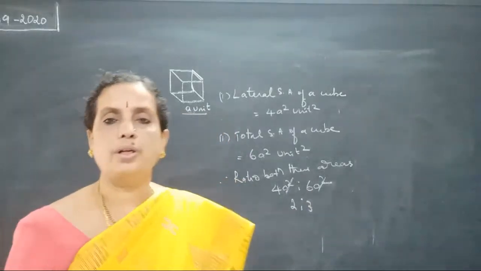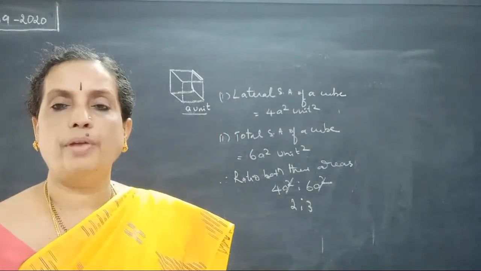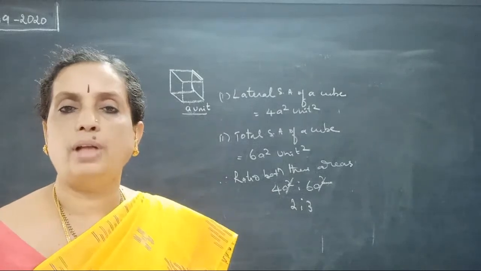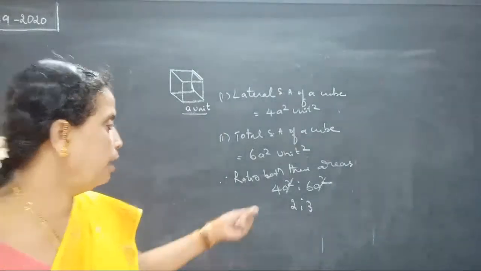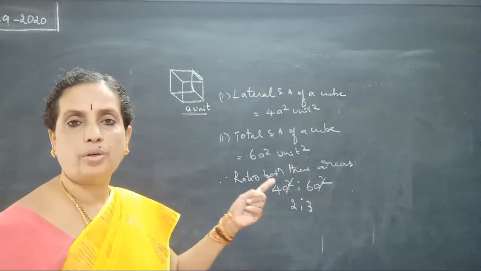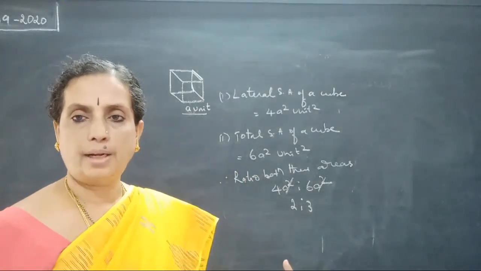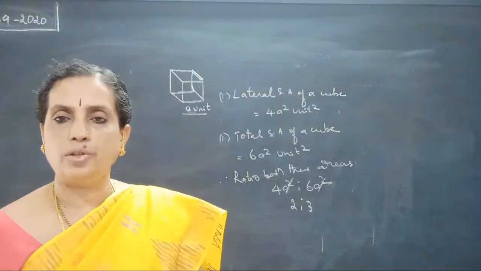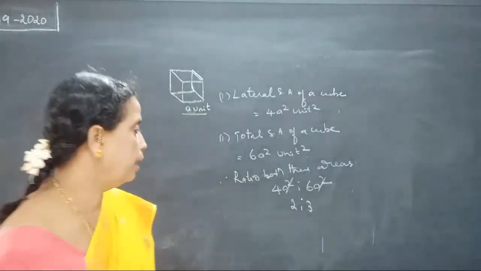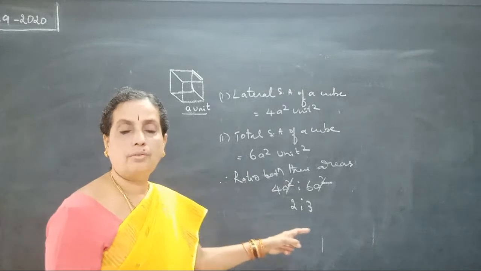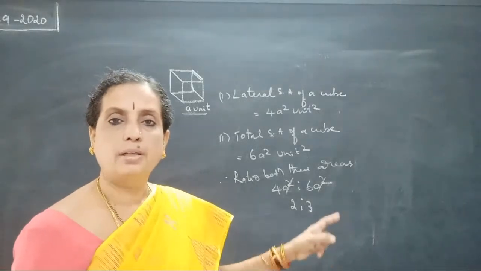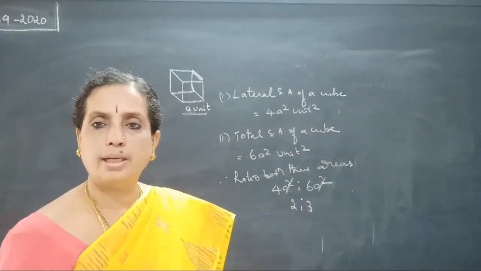Suppose in the question, if they ask the ratio between total surface area to lateral surface area, then it is 3 is to 2. So you have to see the order in which they are asking. If lateral surface area is in the beginning, later total surface area, then it is 2 is to 3. Otherwise, we have to write it as 3 is to 2. Is that clear?